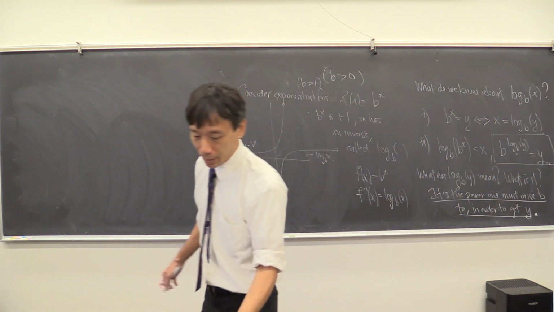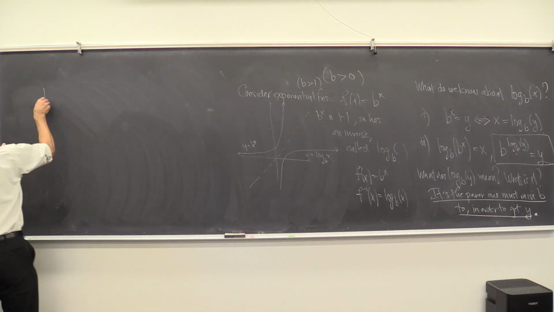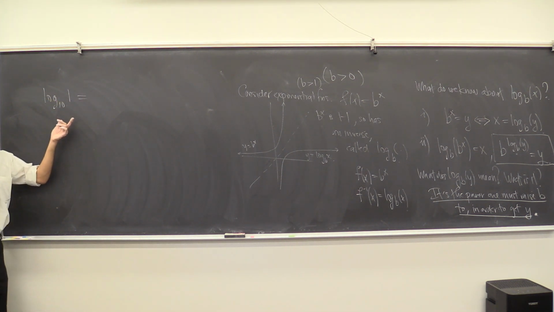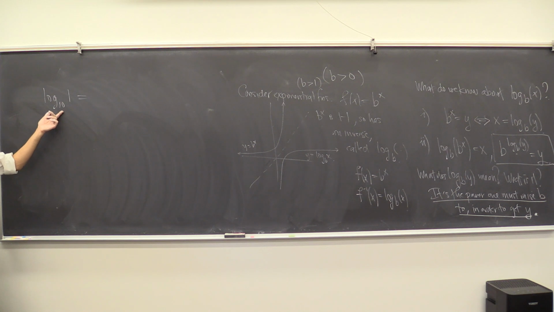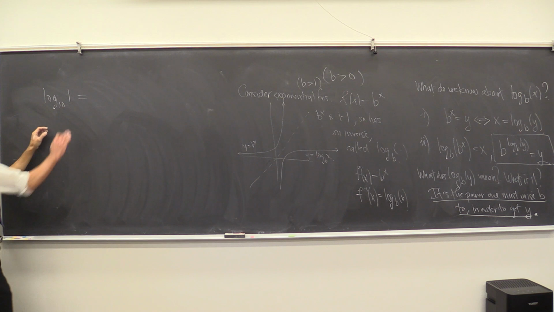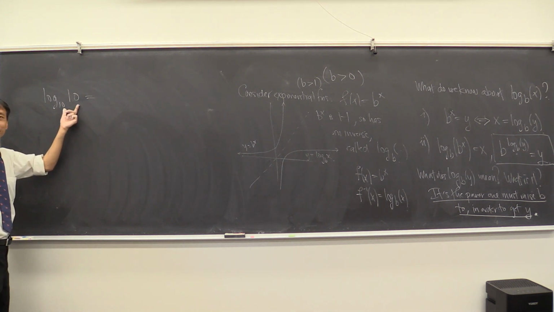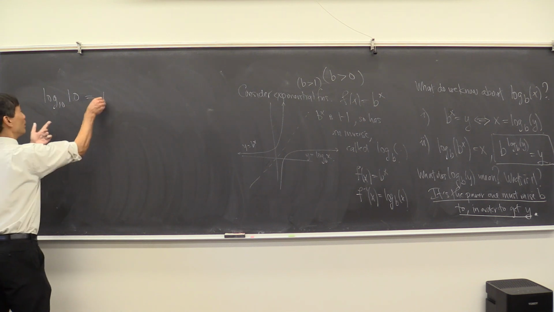So for example, if I say log base 10 of 1, you could say, well, this is going to be the inverse of something. Okay, think, what power do I need to raise 10 to get 1? But let me do a simpler one first. What power do I raise 10 to get 10? 1, right?